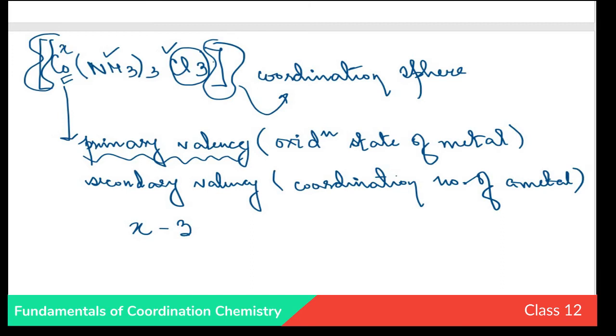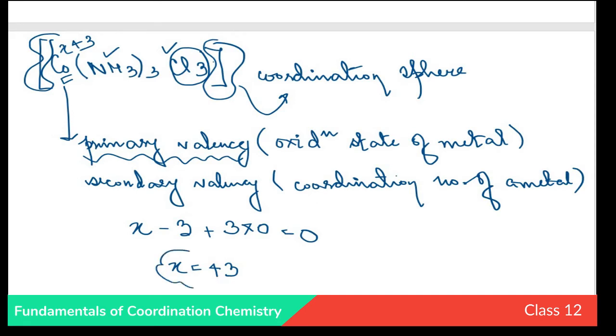Ammonia is a neutral molecule, so the charge donated by it is 0, because neutral ligands do not contribute charge. So the entire value of the coordination sphere would be 0, because there is no charge mentioned on the coordination sphere. So the entire value would sum up to 0. So what do we get? x is equal to plus 3. So the oxidation state of cobalt is plus 3.